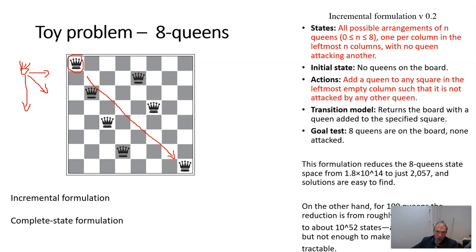So our state definition has changed to state that all possible arrangements of n queens, one per column in the leftmost n columns with no queen attacking another. So we start off at the leftmost, then we can't put one here, and we can't put one here because that's the next leftmost. And we go, oh, we can here. Then we go here, then we go here, so on and so forth.